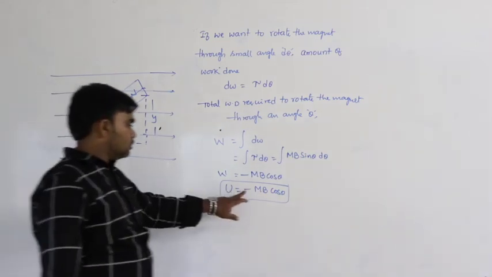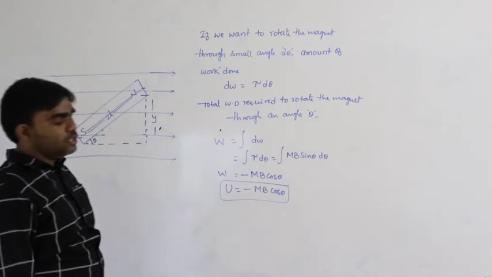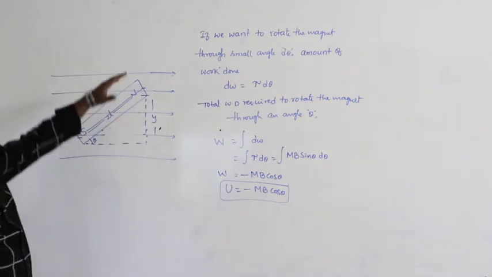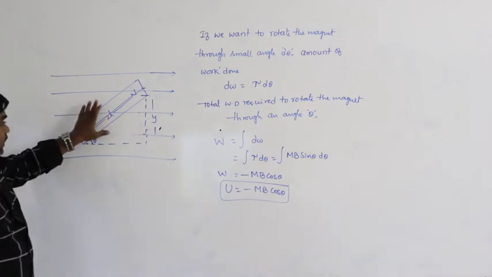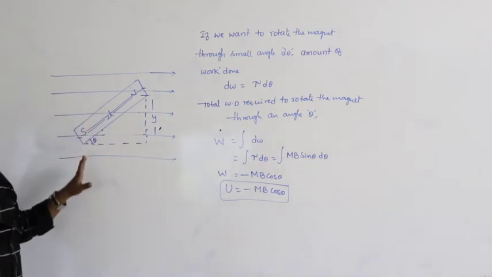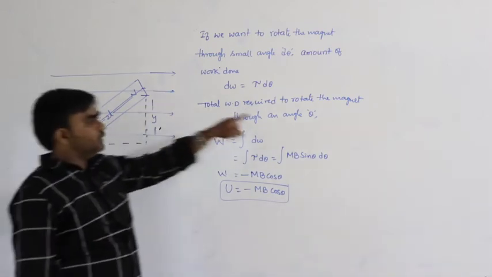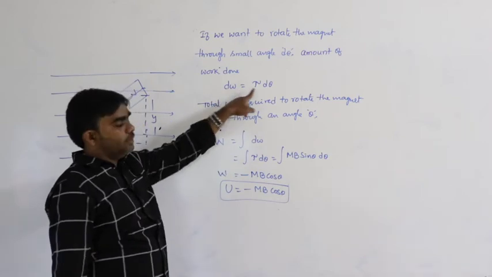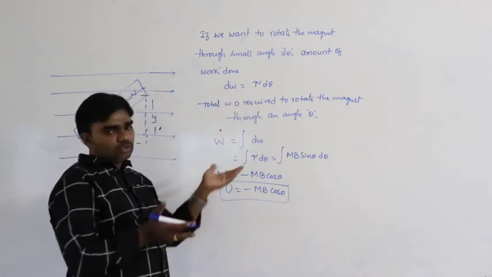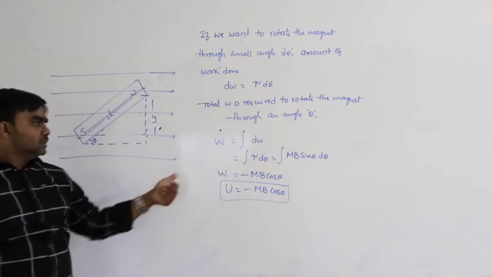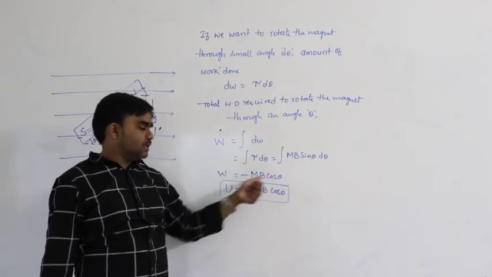So this work done is stored as the potential energy, or energy stored in the magnet, when it is rotated through an angle theta in the uniform magnetic field. If the magnet is placed in a uniform magnetic field, how much work is required to rotate the magnet through an angle theta? The small work done dW is equal to tau d theta. If you want to rotate the magnet from theta 1 to theta 2, or from 0 to angle theta, the work done required is minus mB cos theta.